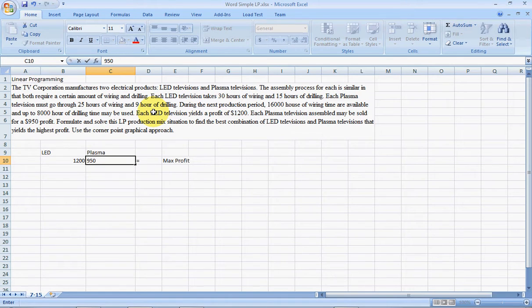So now that we did that, we need to find our constraints. Okay, so if we look through here, we can see that the assembly process requires a certain amount of wiring and drilling. So those are going to be two constraints, so wiring and drilling.